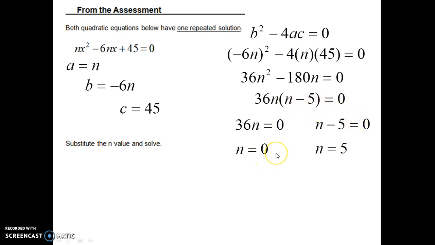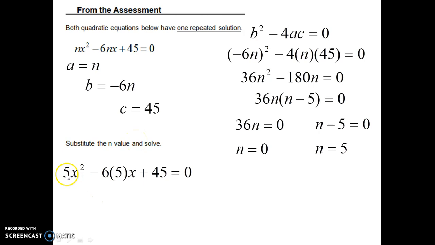We have two solutions. However, one of those values of n does not make sense, and that is n equals 0. Because if you put 0 back in here, this would no longer be a quadratic. So we ignore this n value, and we say n must be 5. So n must be 5 in here in order to have one repeated solution. Let's check.